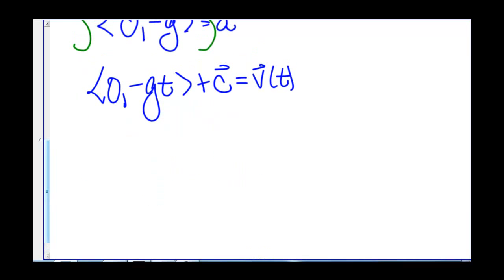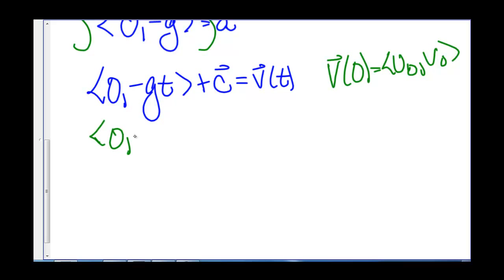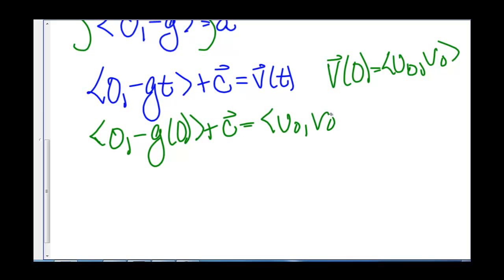We know that v of 0 equals the vector (u naught, v naught). So if we have (0, negative g times 0) plus c equals the vector (u naught, v naught), that means that c equals the vector (u naught, v naught).